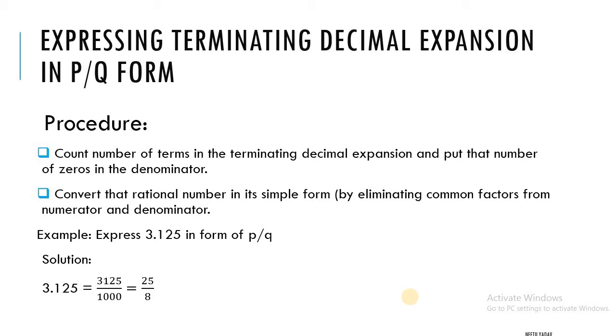I am repeating, there are 3 decimal places in the decimal expansion, so we have to put 3 zeros in the denominator. Now cut the common factors of both numerator and denominator and you will get 25 by 8. Thus we can express 3.125 in p by q form.